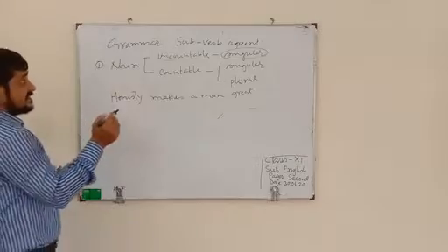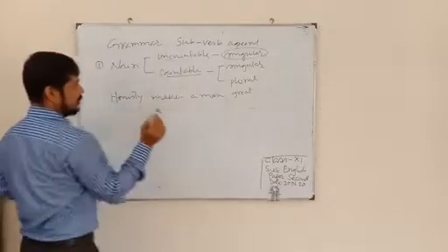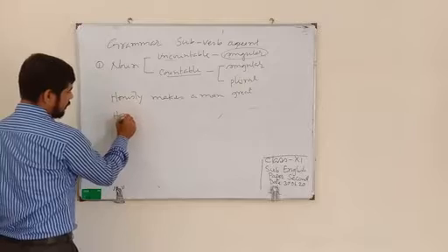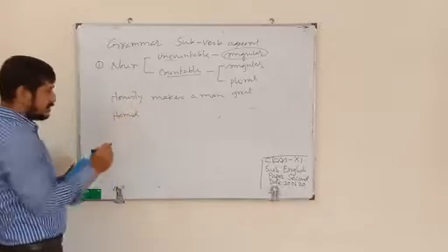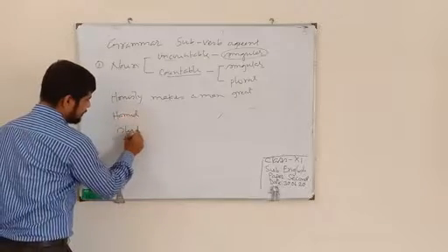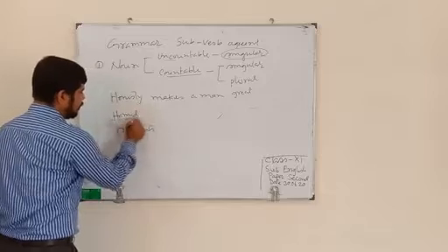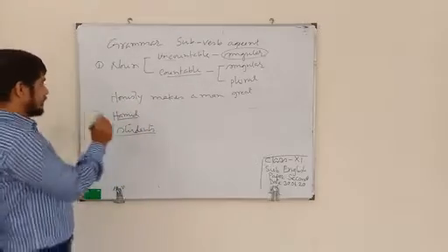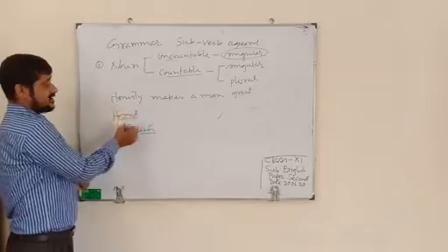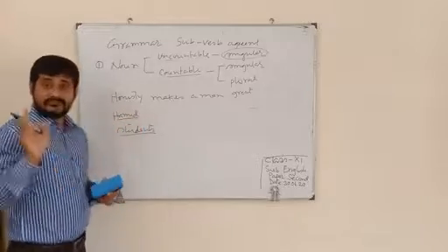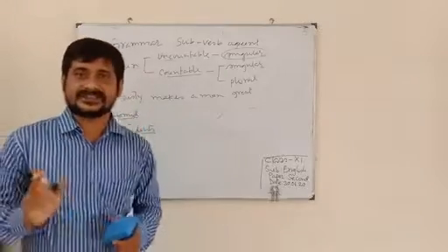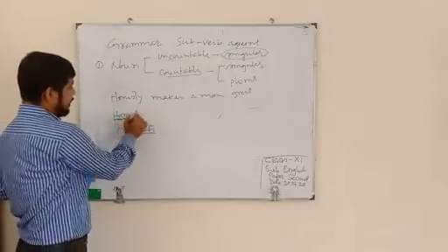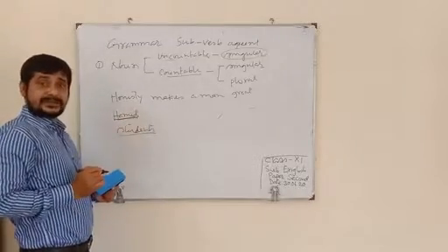And if the subject is countable, such as Hamid, students, those are countable subjects. If the subject is countable, we have to find out whether it is singular or plural. Here, Hamid is a countable singular noun.